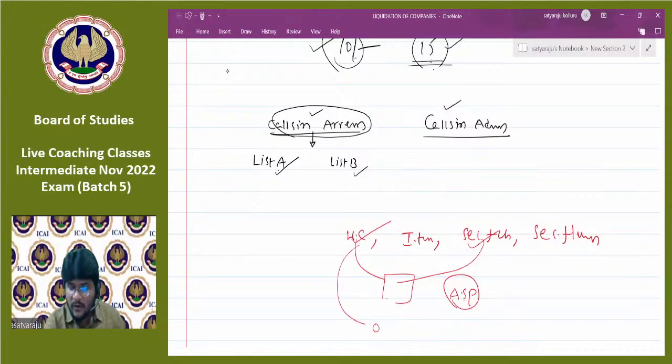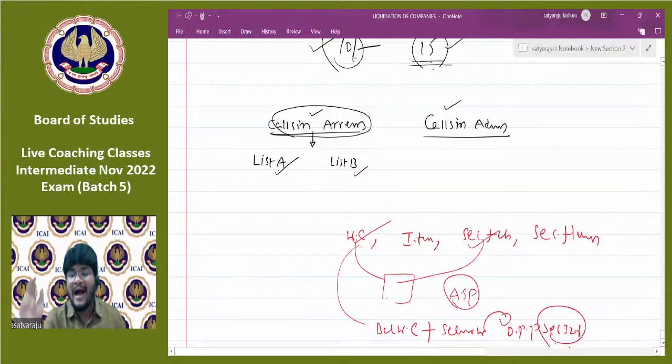And the balance workman compensation, and to the extent of the secured creditors with fixed charge foregone due to making pari passu payment with the workman, that portion of secured creditor with fixed charge you can treat as overriding preferential payment as per section 326. After that, you can make payment for the income tax. After that, you can go for the secured creditor with floating charge, then unsecured creditors, then preference shareholders, then equity shareholders.